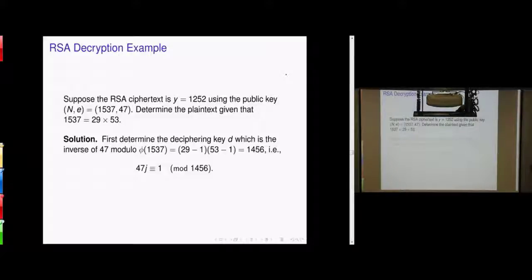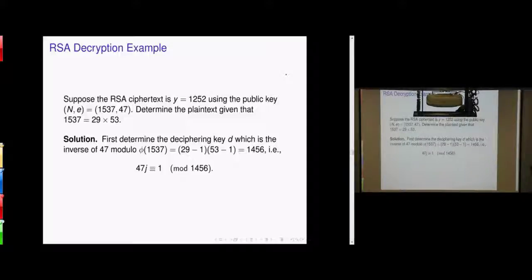So the solution is, we have to design the key. We know the factorization, so we can calculate the Euler function of this number in this way, and then we find the multiplicative inverse of 47 modulo this number.